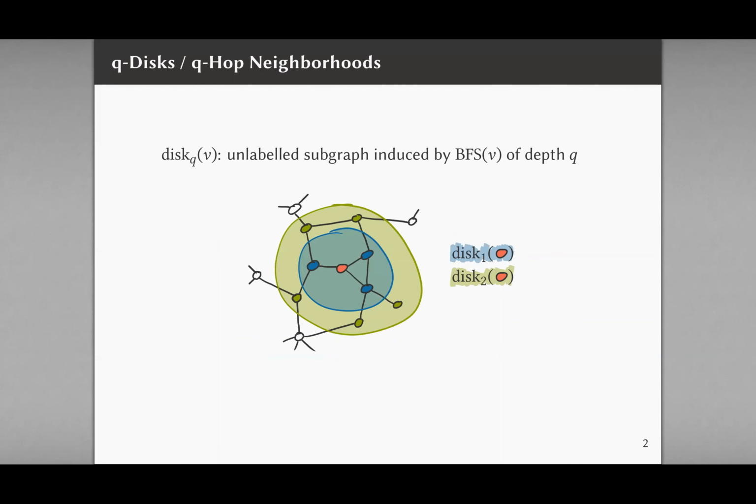And for example, in this figure, you see the one disk and the two disk of the red vertex. The one disk is the blue thing, and the two disk of the red vertex is the blue and the green subgraph.